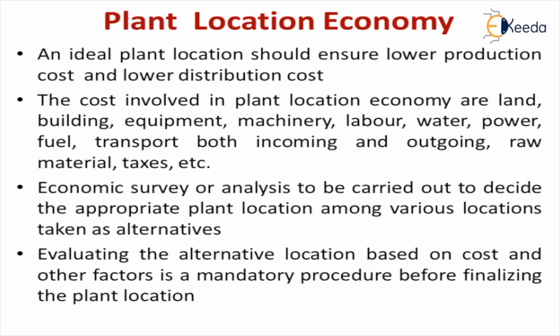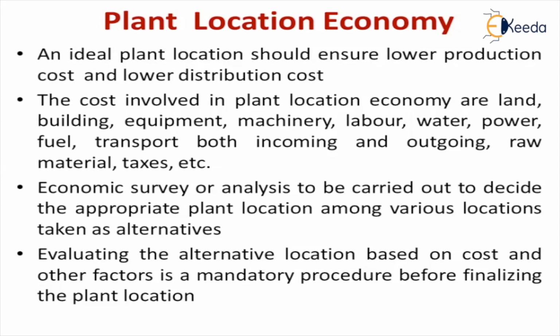So an economic survey has to be carried out to decide the appropriate plant location among the various locations which are taken as the alternatives. So evaluating alternative locations based on cost and other factors is a mandatory procedure before finalizing the plant location.